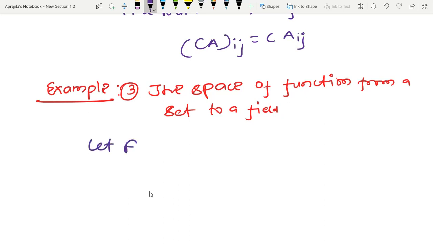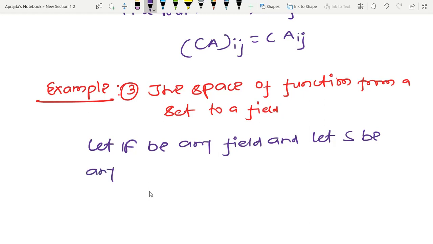So let F be any field and let S be any non-empty set. We are assuming that set S has at least one element.